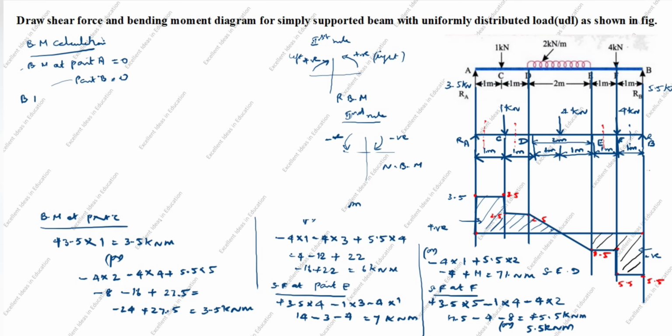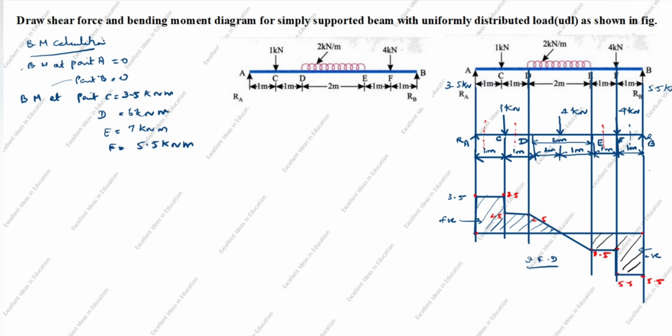Bending moment at point C is equal to 3.5 kilonewton meter. D is 6 kilonewton meter. E is 7 kilonewton meter. F is 5.5 kilonewton meter.